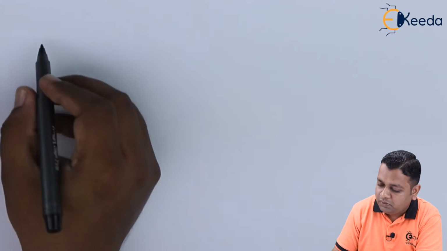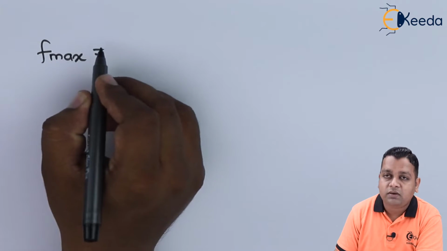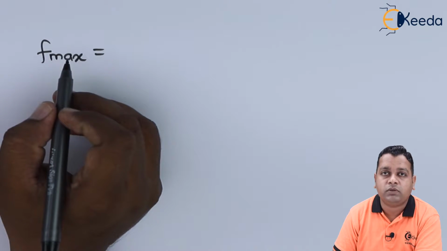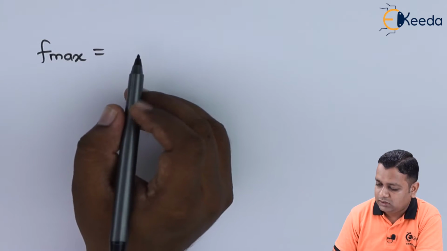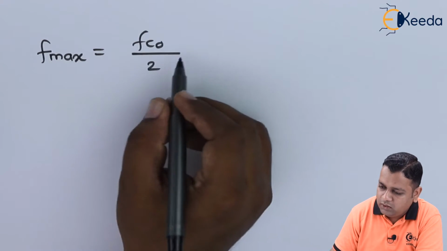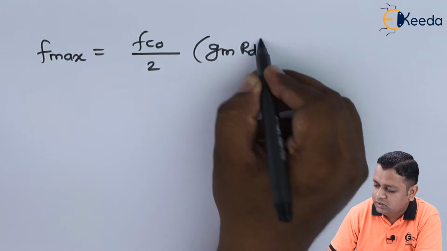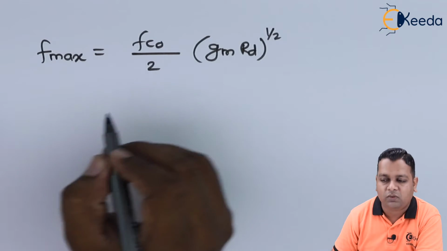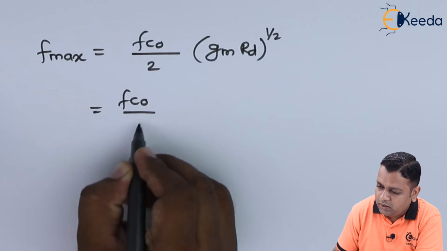Now when we talk about the maximum oscillation frequency, denoted by f_max, it depends on the transconductance value of the device, and we also require the drain resistance into consideration. So it is simply the cutoff frequency f_CO divided by 2, multiplied by the square root of g_m into the drain resistance R_D. We express it in terms of f_CO divided by 2.